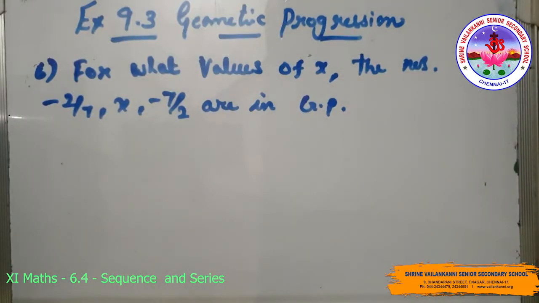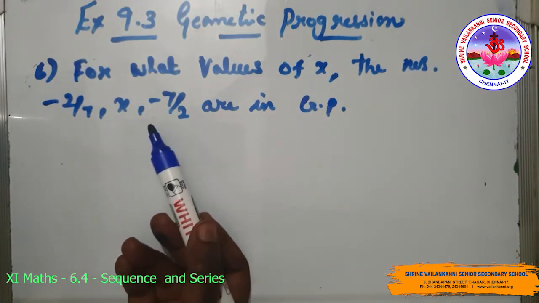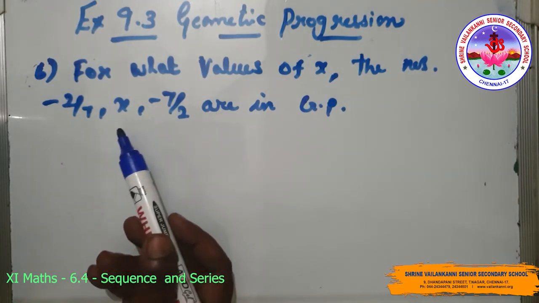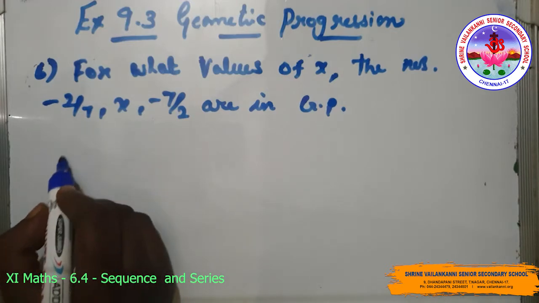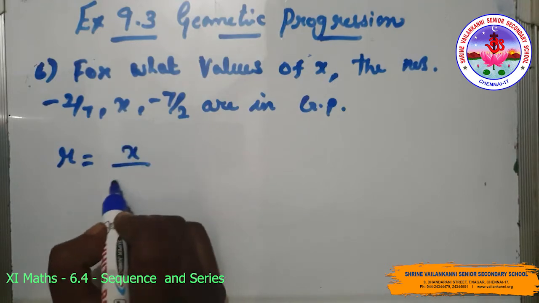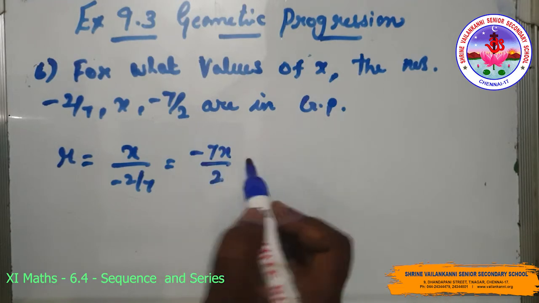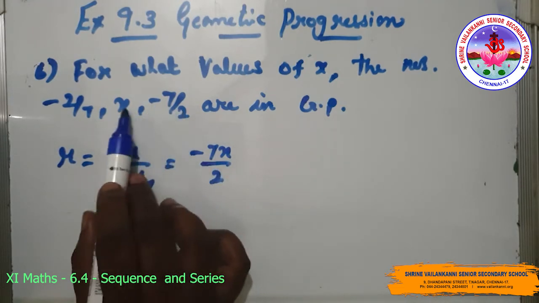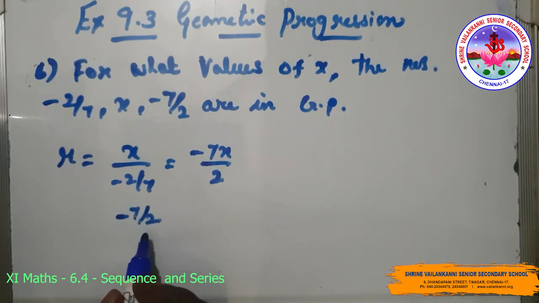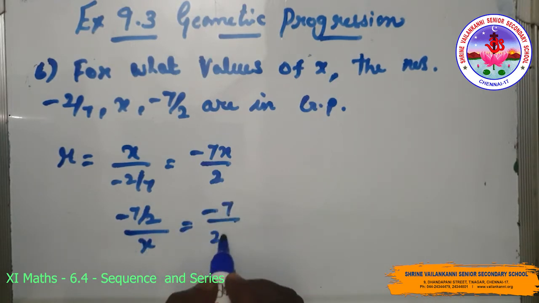Sixth question. For what values of x are the numbers minus 2 by 7, x, minus 7 by 2 in GP? The common ratio r equals x by minus 2 by 7, which is minus 7x by 2. Here a3 by a2 is minus 7 by 2 whole by x, which is minus 7 by 2x.